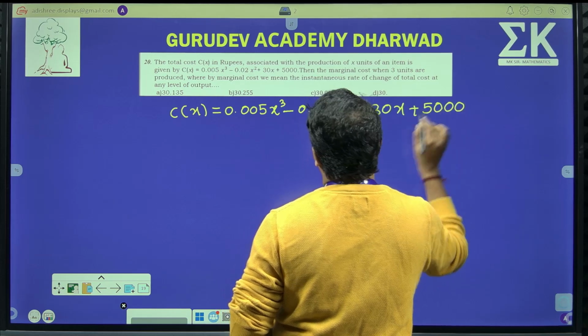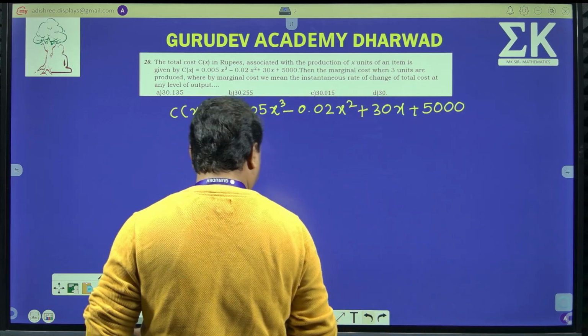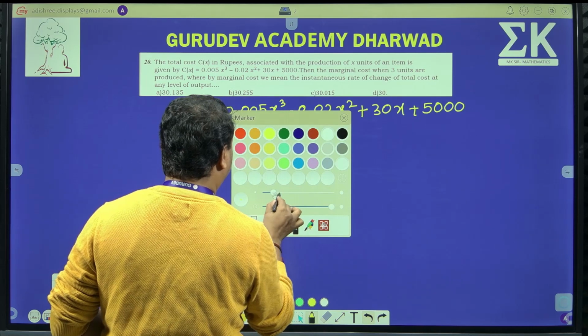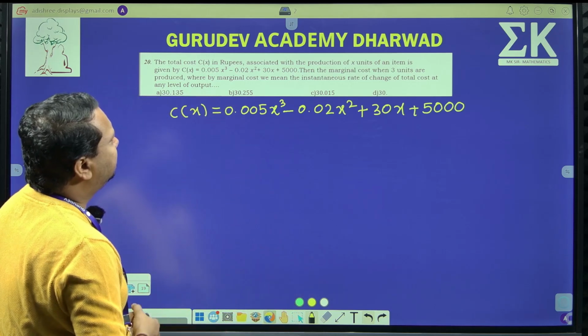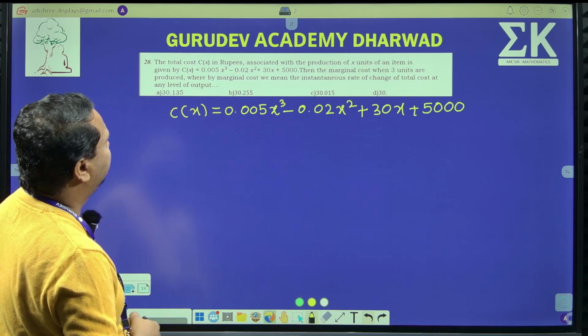That is the given function. Then the marginal cost he has asked, the marginal cost when 3 units are produced.